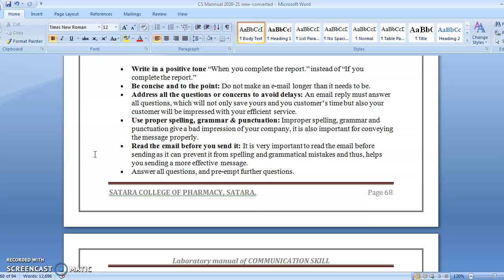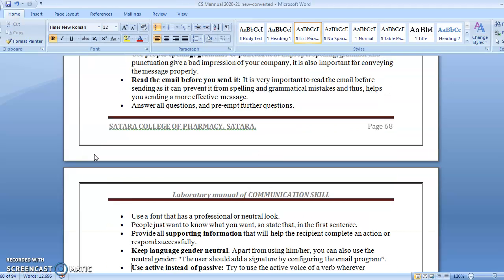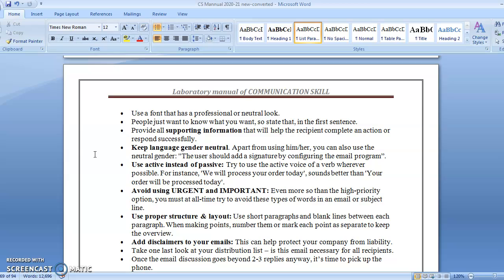Read the email before you send it. Read again before you send it. Keep language gender neutral. Avoid mentioning him or her. Use gender neutral language.